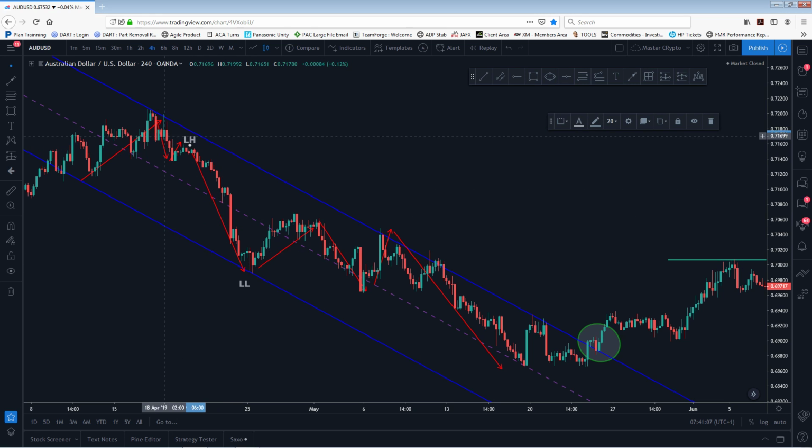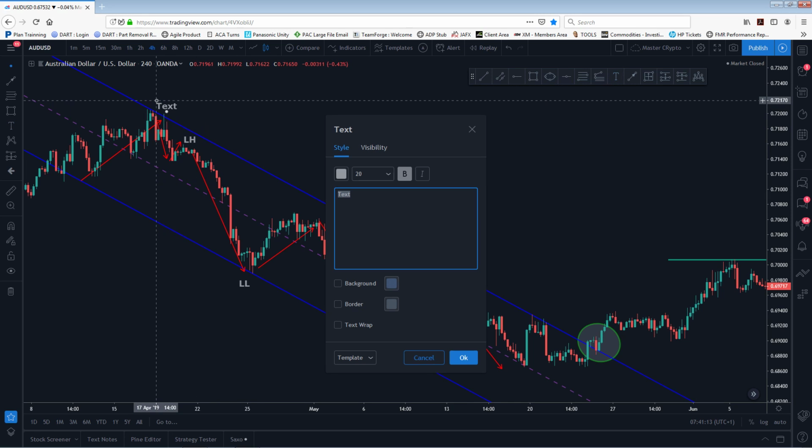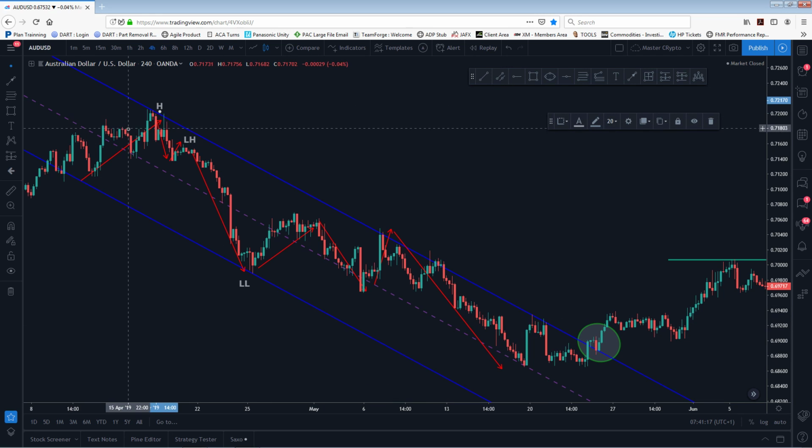We could call this a high. Make sure you get this right. If it was an uptrend, it'll make highs and higher highs and higher lows. But anyways, just practice this. I know this takes time, but just do it. Lower low, lower high, lower low.